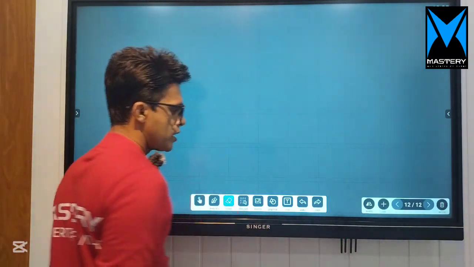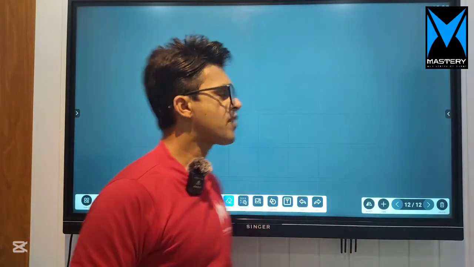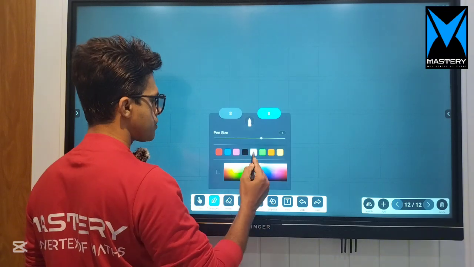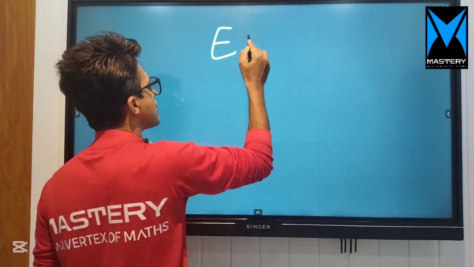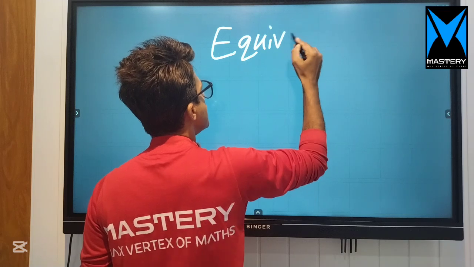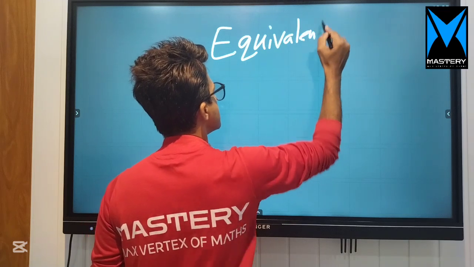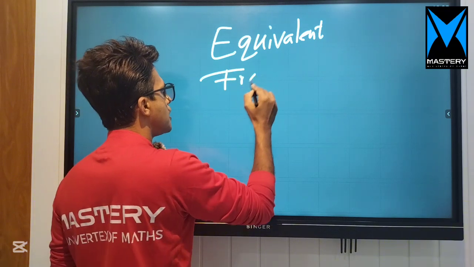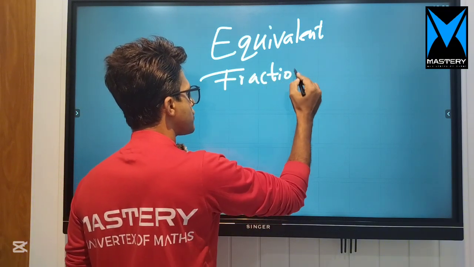The other point that you need to know here is equivalent fractions. How can you identify equivalent fractions?